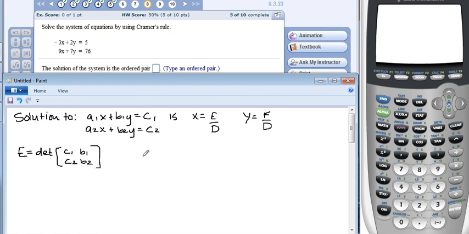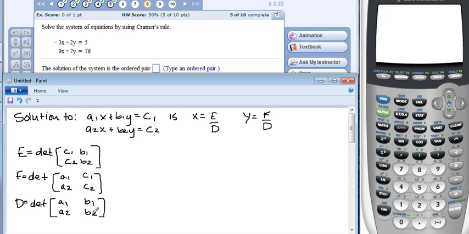Calculate out the determinant, and that's E. And F is the determinant of A1, A2, C1, C2. This is just the order that you put your matrices in. And D is the determinant of A1, A2, B1, B2. See how we get one of every combination here?